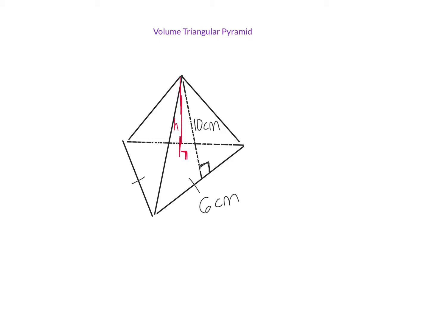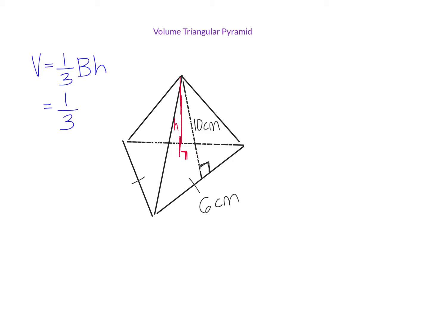So if we look at the formula that we would use to calculate the volume of this pyramid, we would want to find 1/3 of the area of the base times the height. So the shape of our base is a triangle.